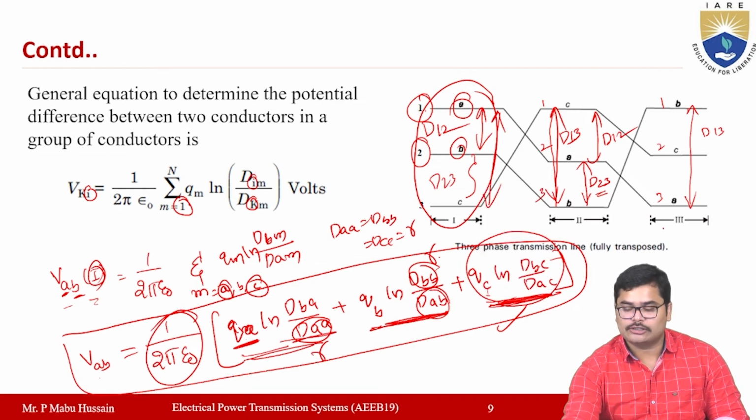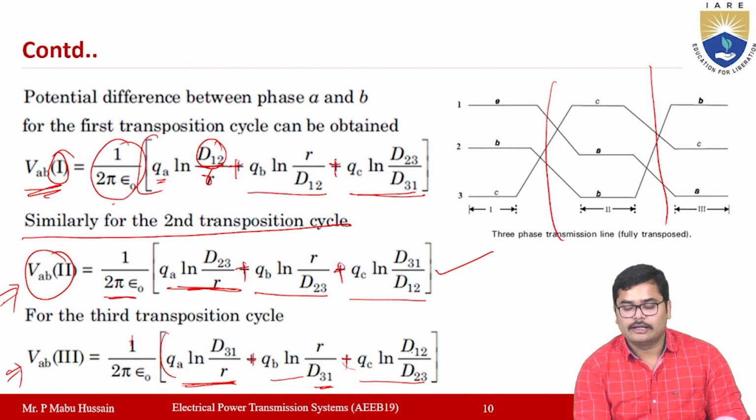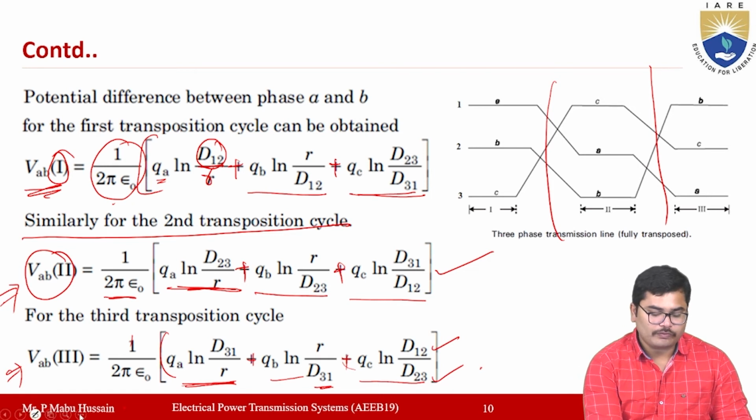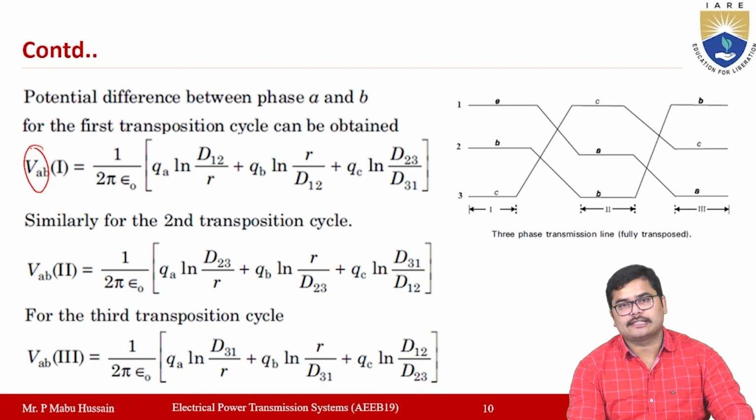The DBC distance, B to C, is this distance D12, and the AC distance is D23. So you have to write D12 by D23, so the term is QC ln D12 by D23. So this is the potential difference between the conductors A and B in each section.